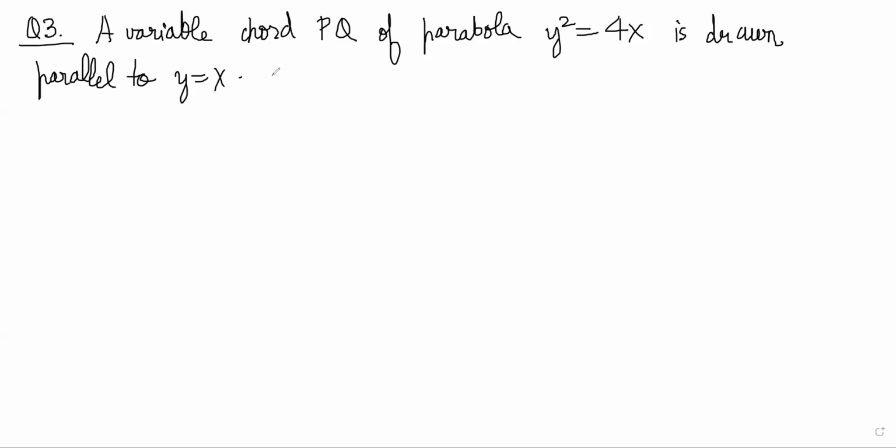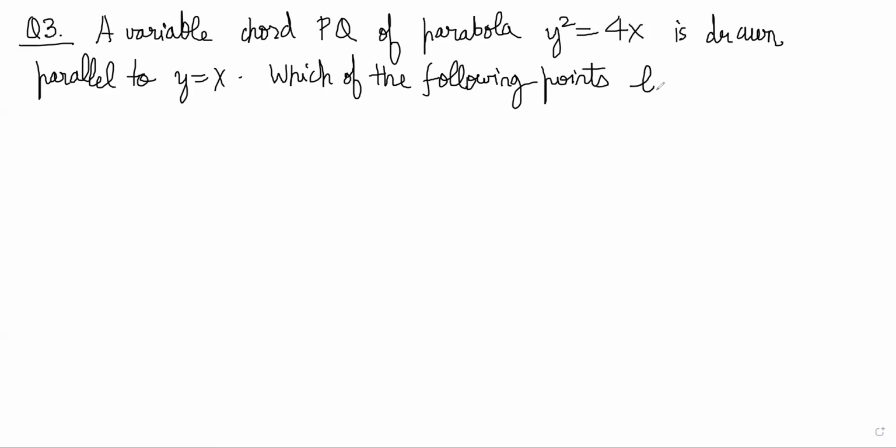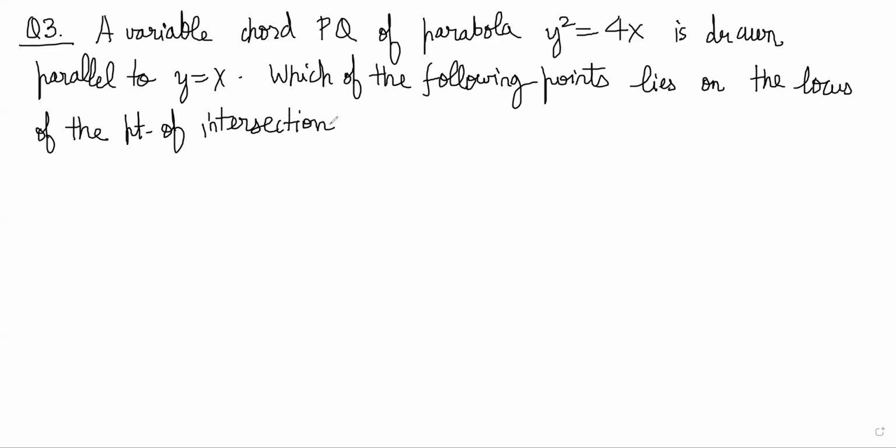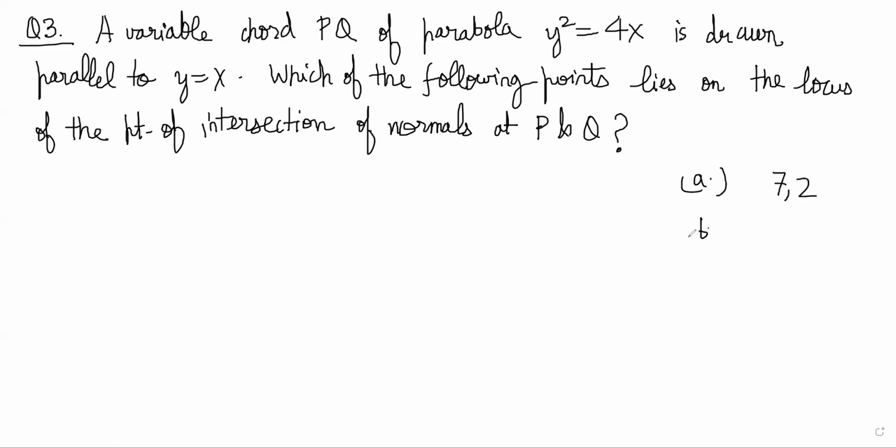Then which of the following points lies on the locus of the point of intersection of normals at P and Q? Okay, so the options are (7, 2), (6, 3), (7, 4), none of these.